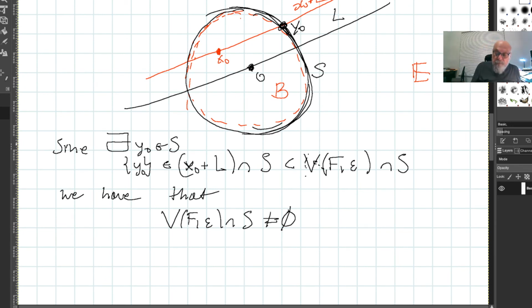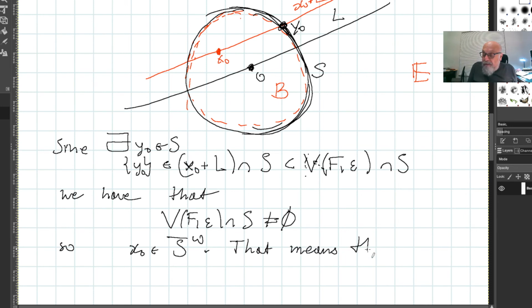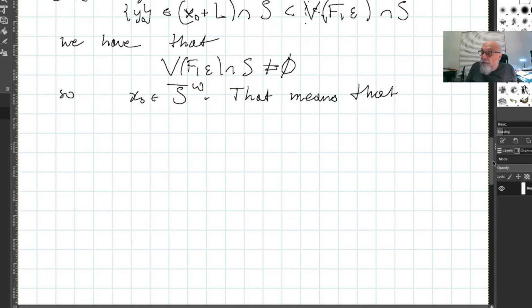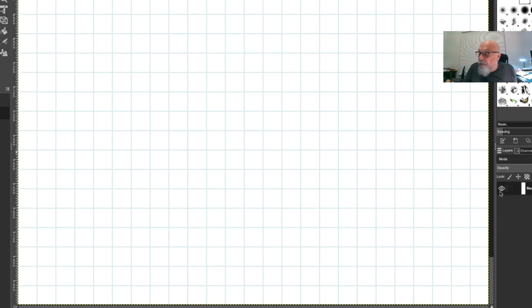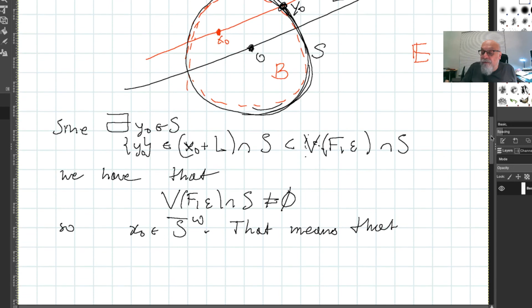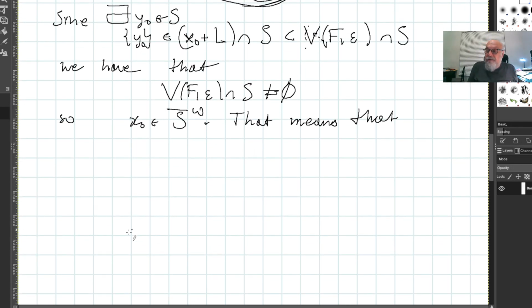So x naught belongs to the weak closure of S, and because we chose x naught arbitrarily, this means that the ball is contained in the weak closure.